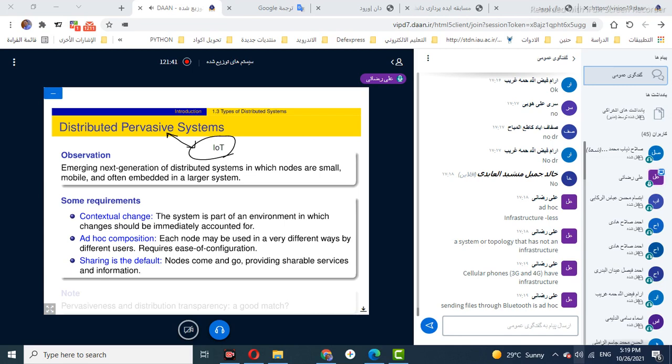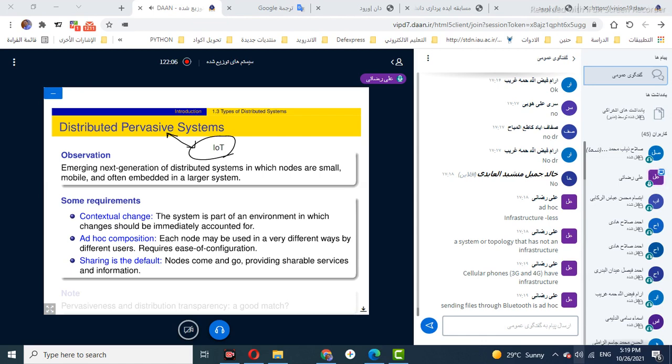For example, imagine yourself on the moon, okay? You are on the moon. You can transfer files with your Bluetooth to your friend near you, yes? But you cannot call through a cellular phone on the moon because you don't have antennas and other infrastructure needed to relay your information from one point to another.